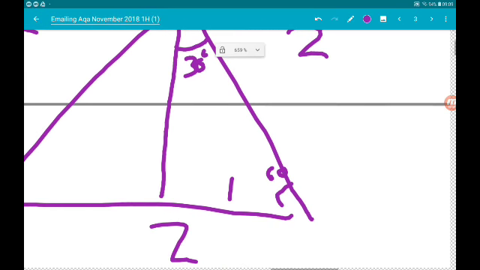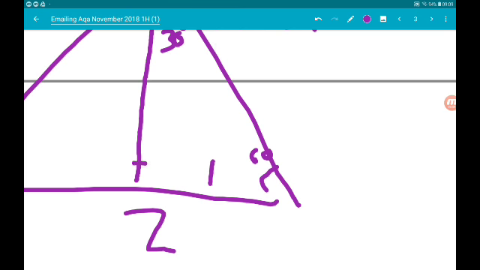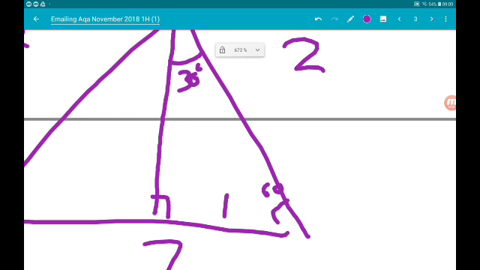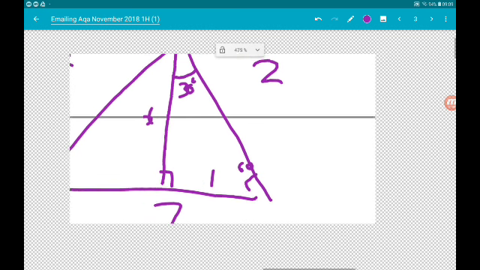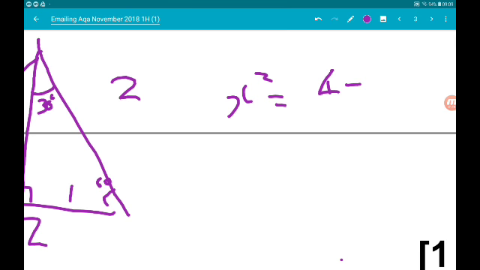What we need to do is work out the height. It's a right angle triangle, so if we call this x, by Pythagoras we know that x squared is 2 squared, 4, minus 1 squared, 1.